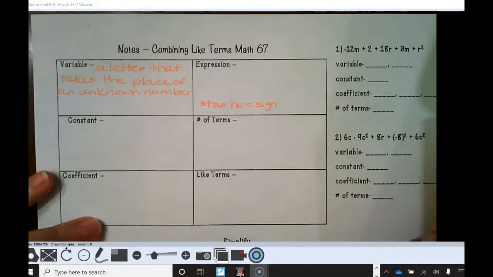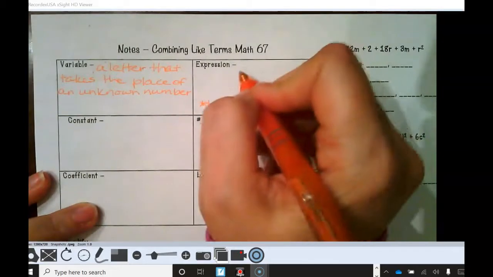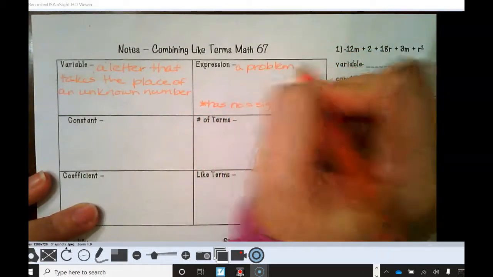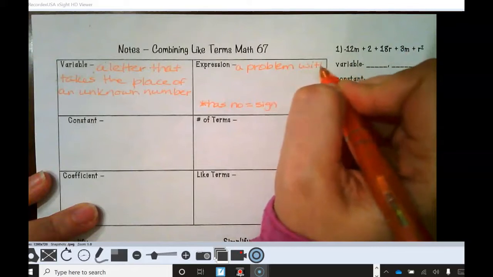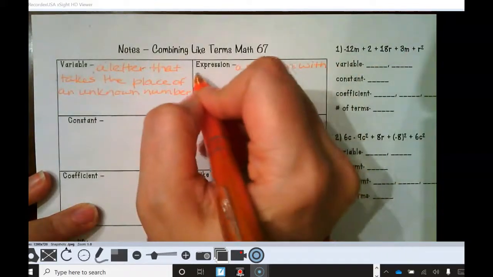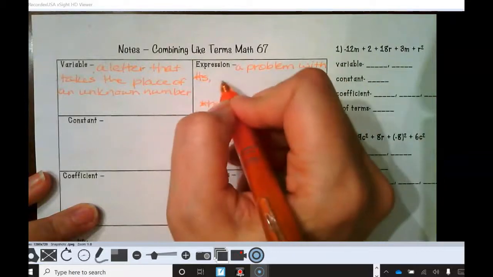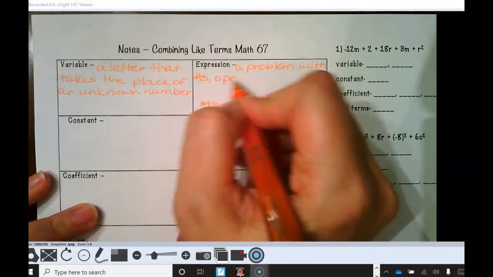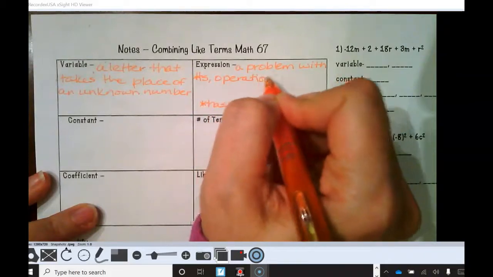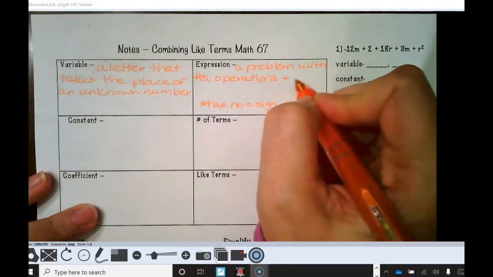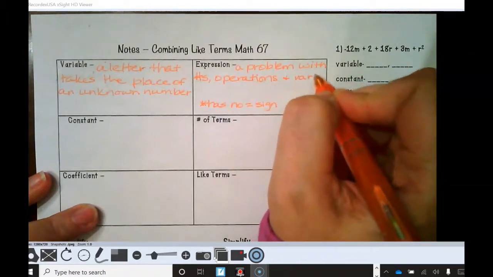An expression is one-sided, and it's just a math problem with numbers, operations, and to make it algebraic, it has variables.